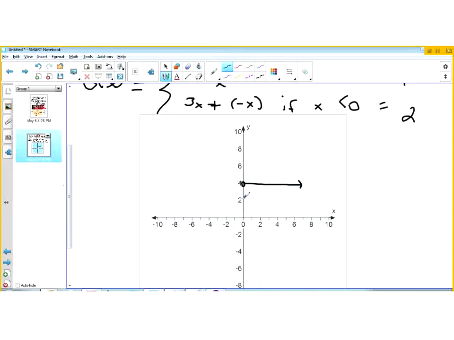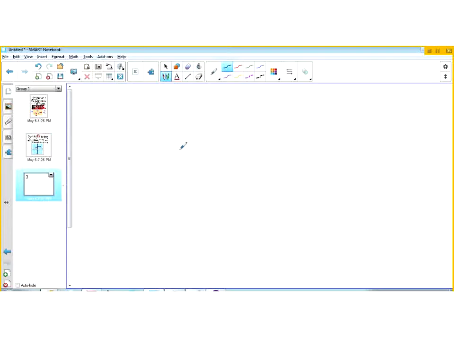And for x less than 0, we'll have an open circle at x equals 0, y equals 2, and for x less than 0, the output is 2. So this would be our graph. And I'll leave it to you to use the online graphing calculator to verify that this is, in fact, the graph of this function.